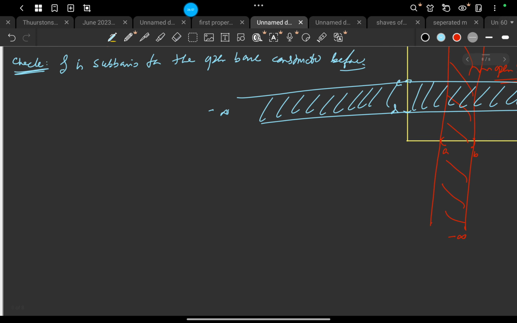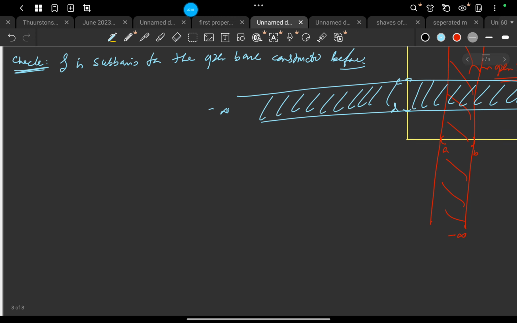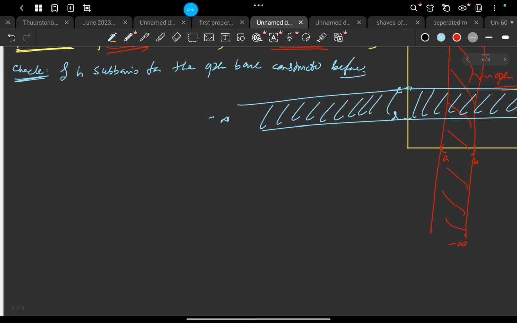Suppose we consider, let's say, (A, B) cross (C, D). In fact, it is easy to check that it is (A, B) cross R intersection with R cross (C, D).